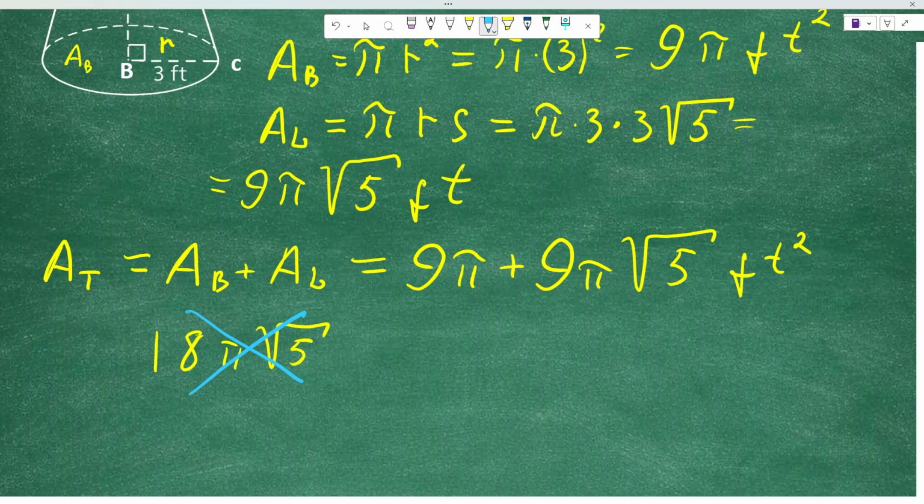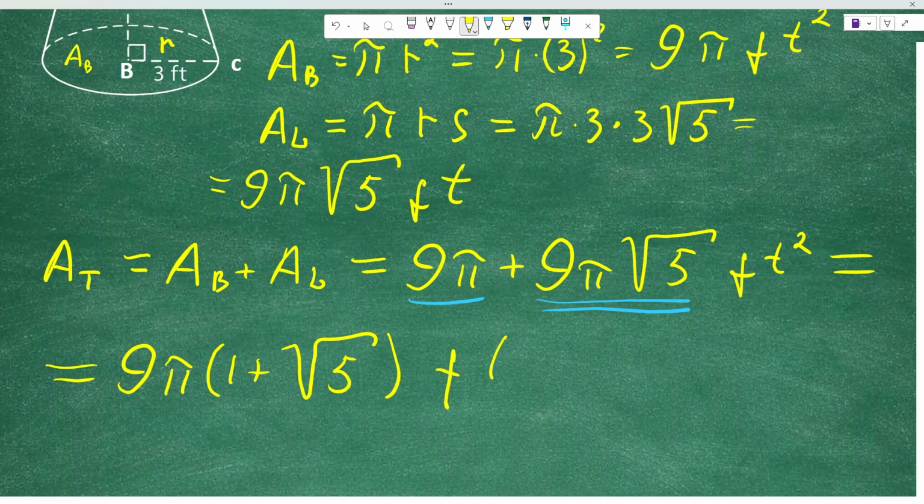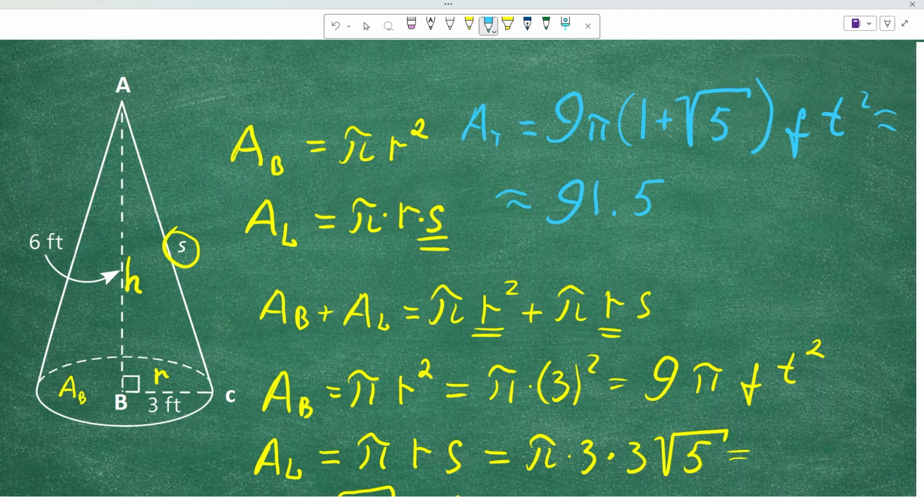One is just 9 pi, and the other is 9 pi times square root of 5. They must stay separate. We can factor out 9 pi to write the final, slickest exact answer. If you need a rounded decimal answer for your test, you can plug all that into your calculator, and you'll get approximately 91.5 square feet. And that is our answer.